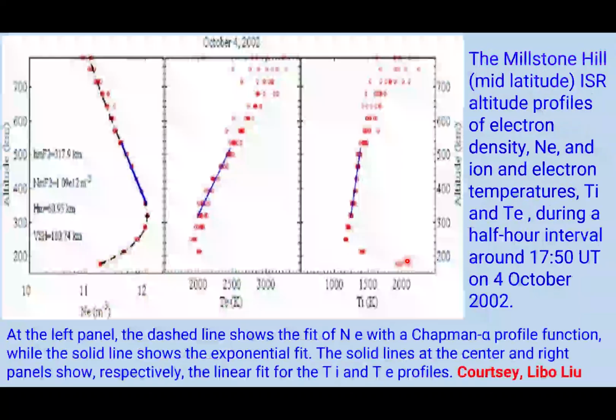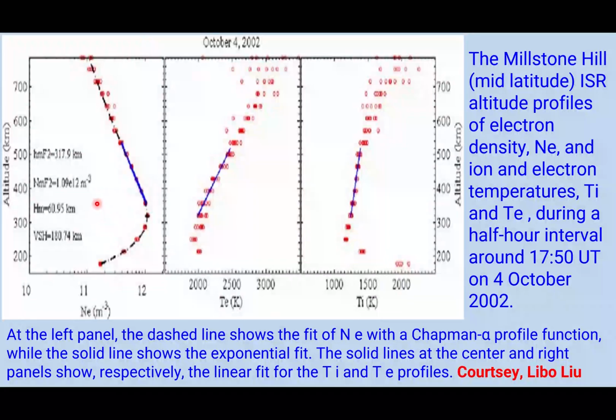This first block shows the electron density variation with respect to height. Say from a height of about 100 kilometers up to about 1000 kilometers, the electron density is measured, and the points are the actual measurements. So you can reconstruct the electron density profile, find out where the maximum is, h max, given as HmF2, which is 317.9 kilometers.